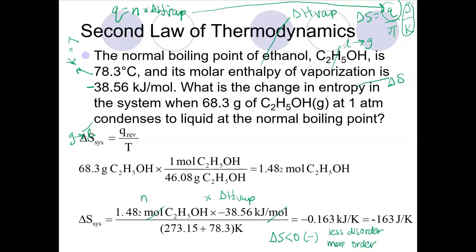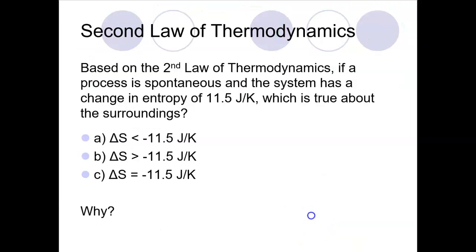So after you did your math and got negative 163 joules per Kelvin, I'm going to ask, what does that mean? And your answer would be either less disorder or more order, or both of them. So you're going to have to be able to take your number and tell me what it means. And that chart that I've been writing down, that's how you're going to figure that out. Now that chart's going to be in your brain. But for right now, we can refer back to it.